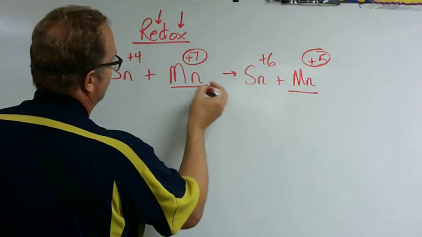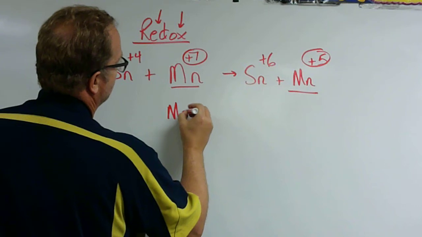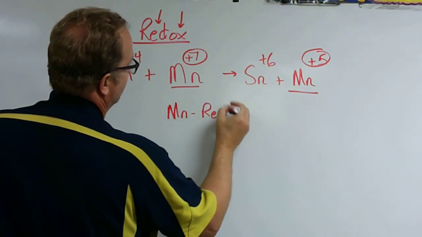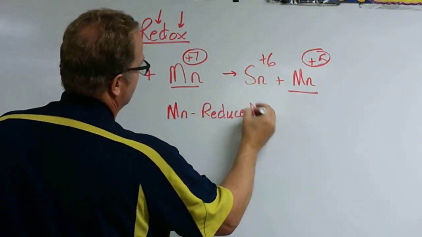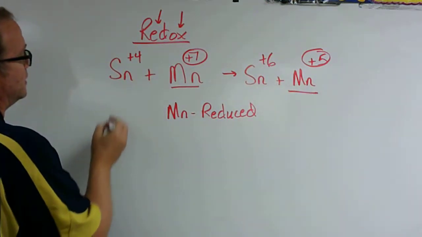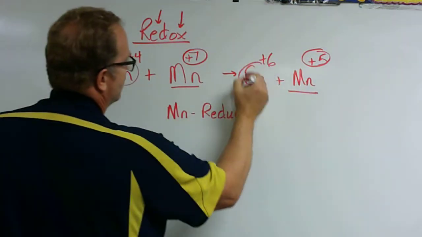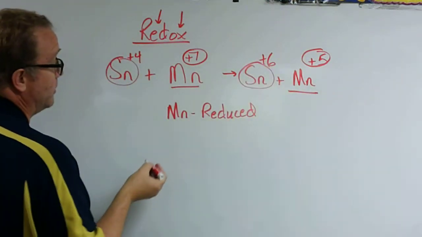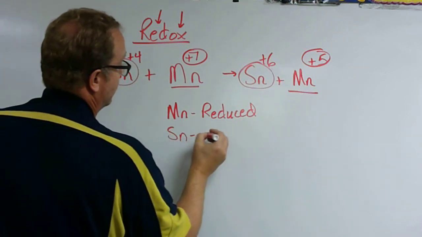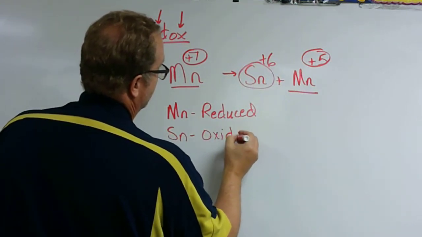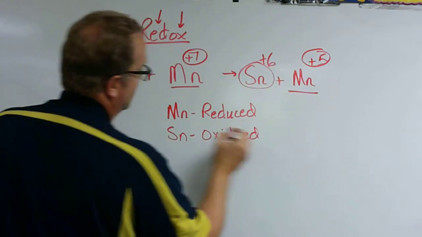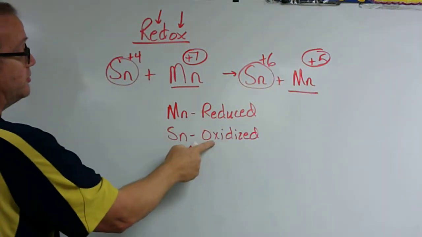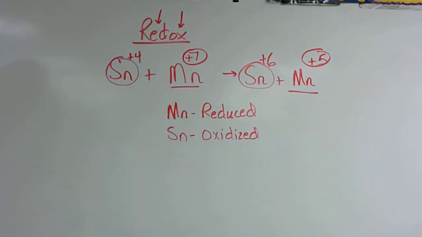So this one, Mn, is being reduced, so you can easily tell by looking at this. And on this one, the charge went up, so we know it's not reduced. So we're going to call this oxidized. And remember, this goes through reduction, this one goes through oxidation.